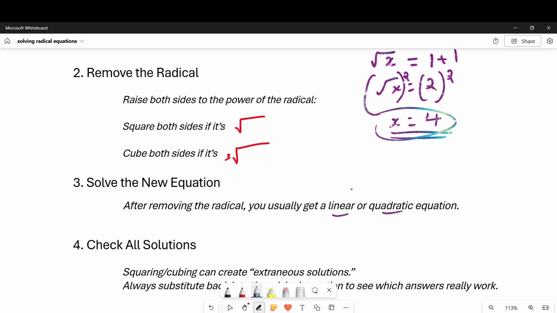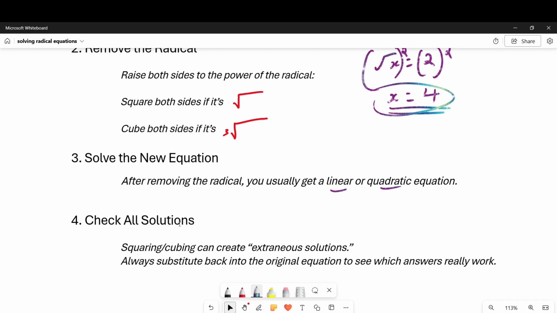After finding the values of x, you must check the solution. Squaring or cubing can create extraneous solutions. So after squaring or cubing, you may get one or two x values, just like with a quadratic equation, where we get two values of x, one might be negative and one might be positive.